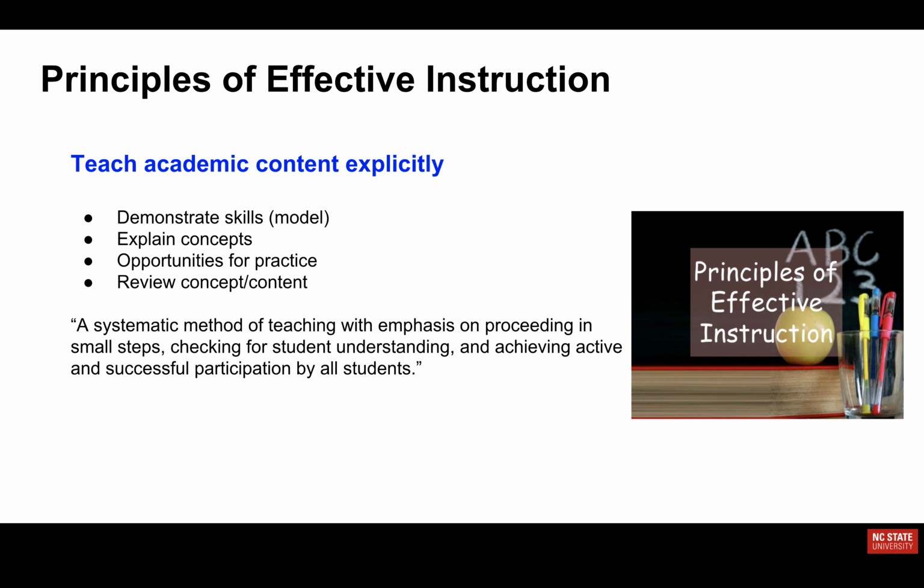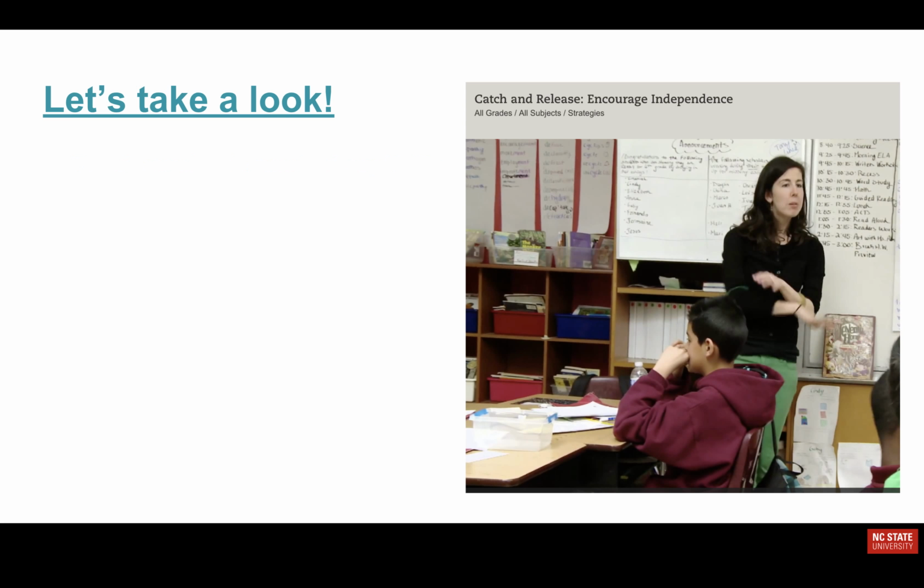Those are examples of explicit instruction. You really want to see that cycle of modeling, explanation, opportunities for practice or engagement, and then that review, because that is really what helps our students to not only understand, but to demonstrate their understanding of learned content. Okay, so having a measure of that.